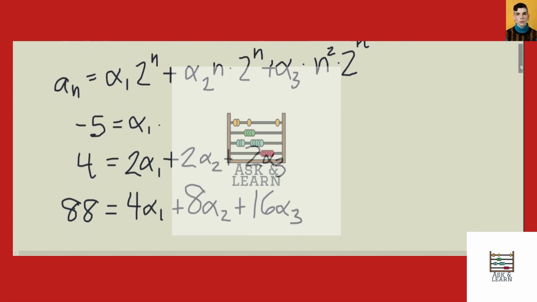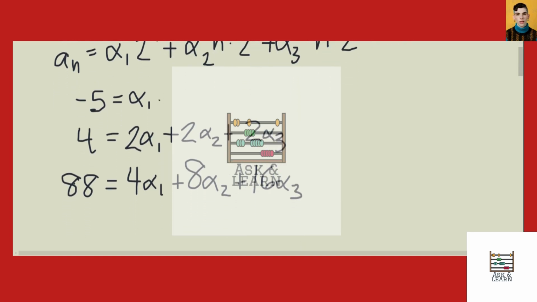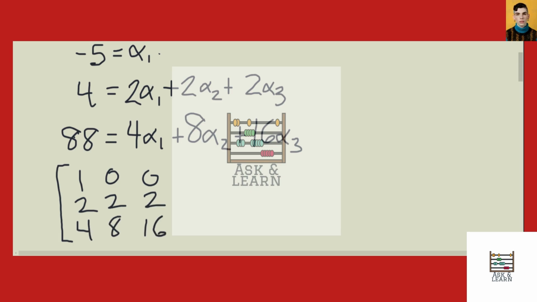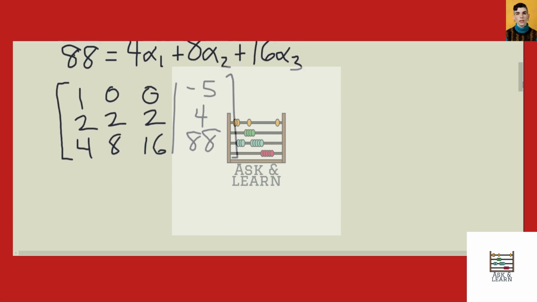And so if we want to use matrix form, we have 1 0 0, 2 2 2, 4 8 16, and on the right side we have negative 5, 4, 88. This is our augmented matrix.